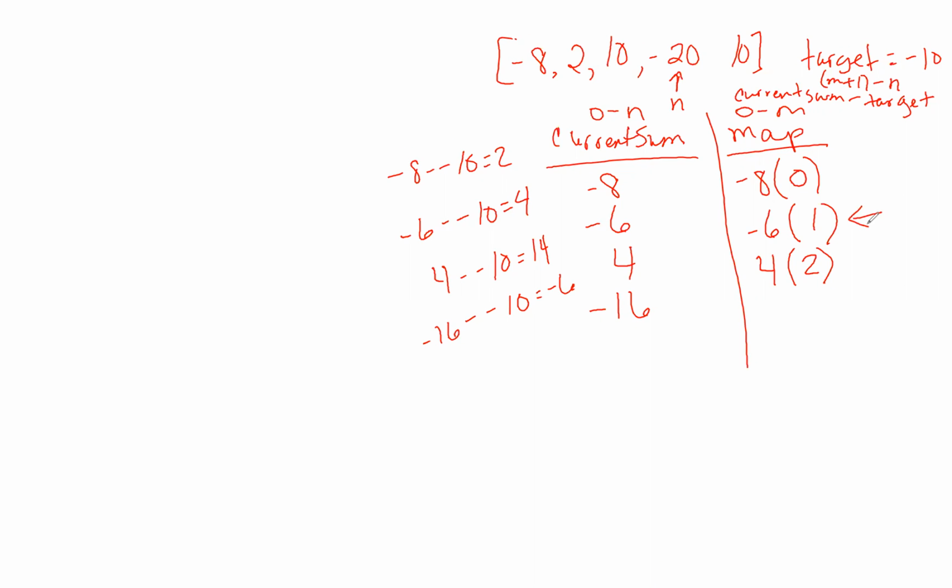That means we know the target sum is found at m plus 1, so between index 2 and n, which is at 4. Oh, sorry, it's at 3. So between indices 2 and 3, we found -10. And it's that simple. So let's go ahead and code this.